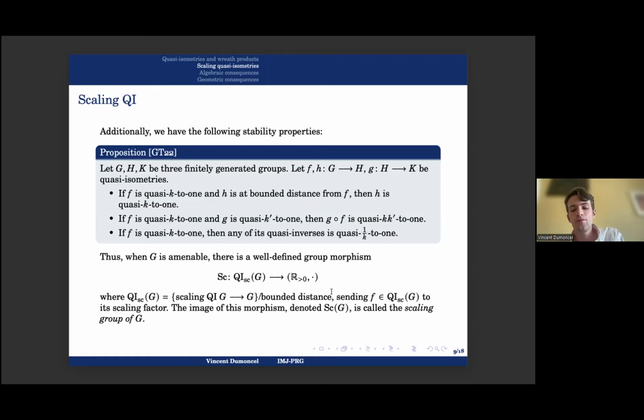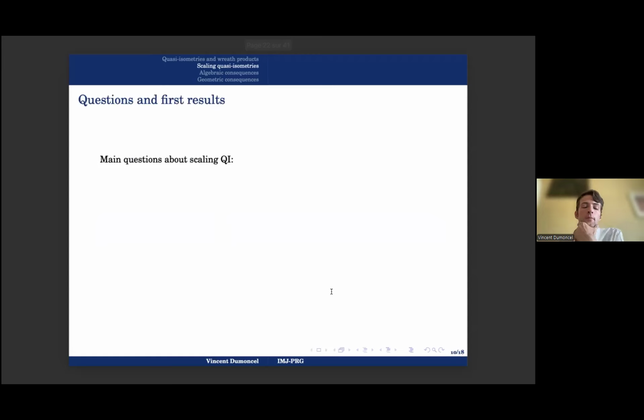Okay. And so now that this object is defined, there are mainly two questions we are interested in. The first one is: given G, an amenable finitely generated group, is it possible to compute the scaling group of G?